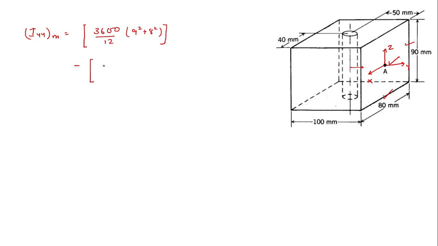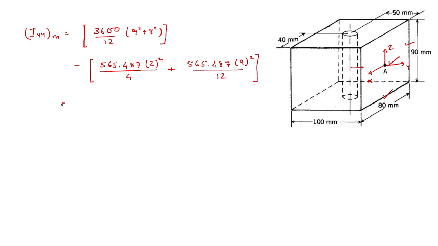So this would be equal to 565.487 into the corresponding radius square divided by 4 plus 565.487 into the length square divided by 12.